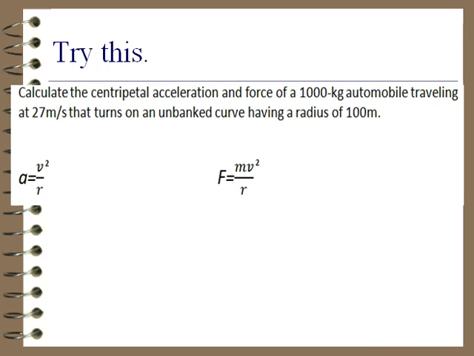So let's start first with the centripetal acceleration. We will insert the speed for velocity, and we've got to square that, and then the radius is pretty nice. It's already in meters, so we didn't even have to do any conversions. Don't forget you got to square that top number. It's going to be 7.29 meters per second squared, so that's what its acceleration will be.